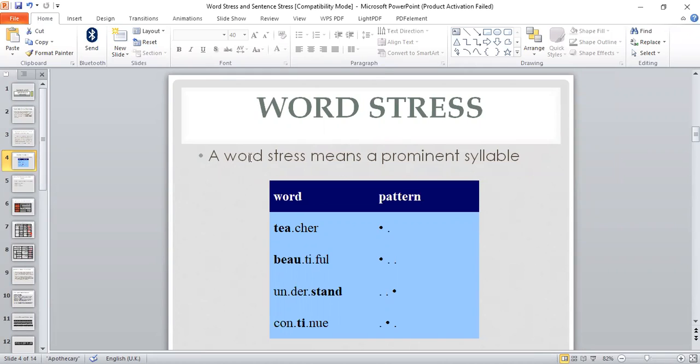The second one is beautiful, beautiful. The third one is understand, understand. The fourth one is continue, continue.